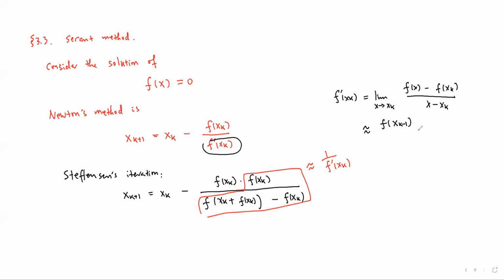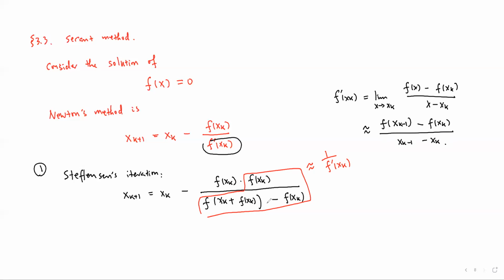Function values at some points should be available in practice. We can get them through experiments. Replace this x by x_{k-1}. Now I plug this quotient in for the derivative. Now I get a new method.